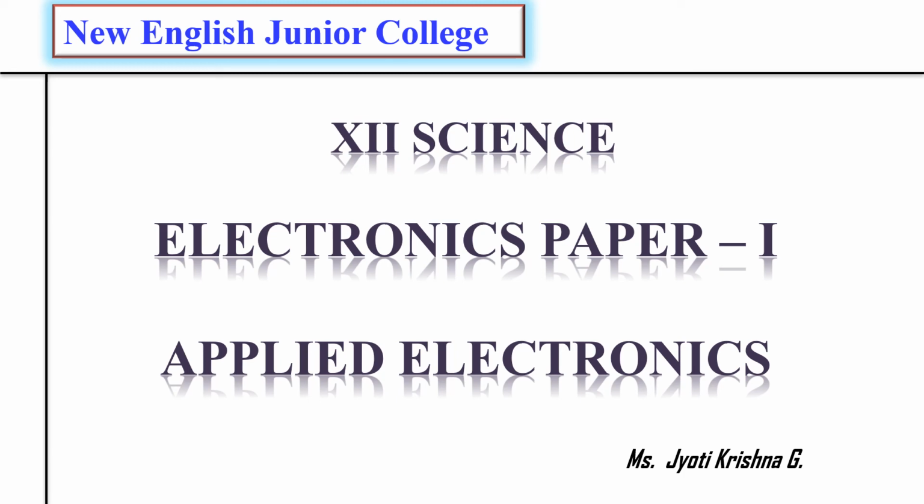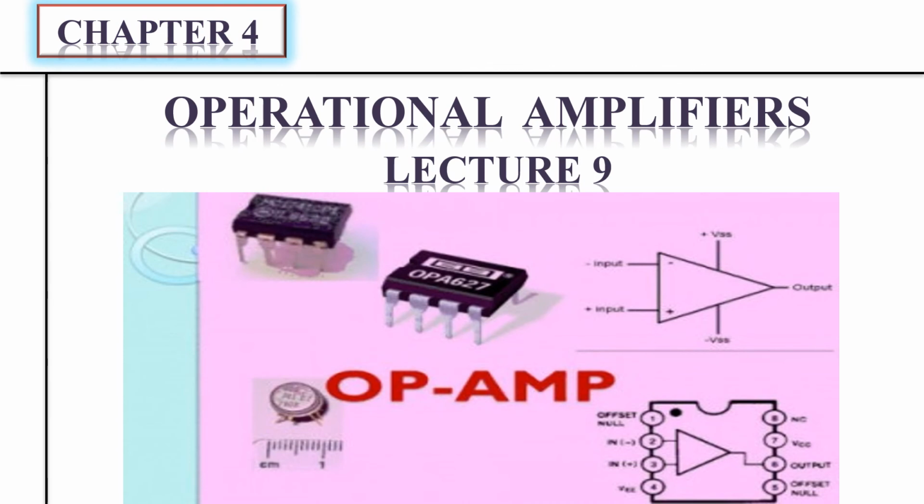So let us proceed. Student, we already started with chapter number 4, Operational Amplifiers, lecture 9. In the previous lecture we started with the applications of operational amplifier. There are two types of applications of op-amp: linear applications and non-linear applications.